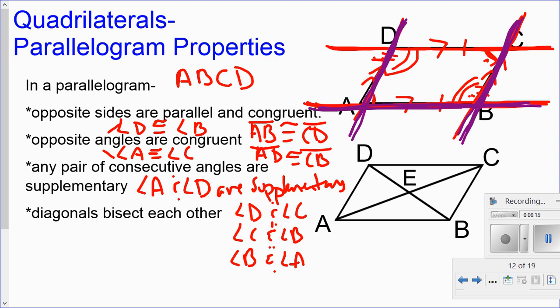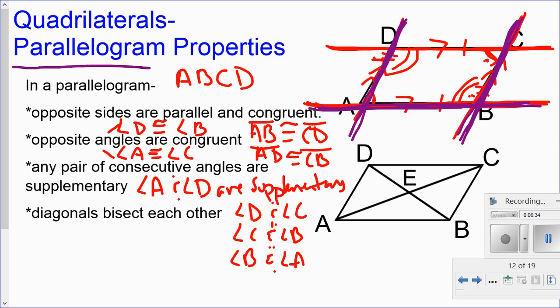So they're same side interior angles, which means they're supplementary. So angles A and B are supplementary. And that would work all the way around the parallelogram, which is why any pair of consecutive angles are supplementary to one another.